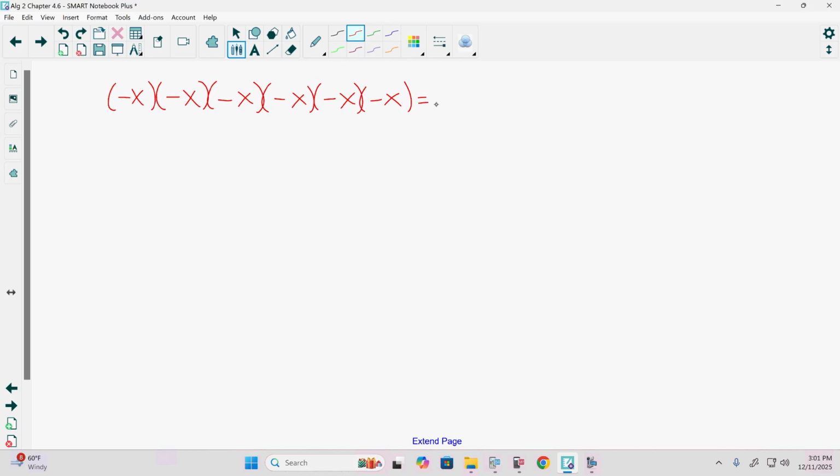Let's ignore the negative for now. Here I have x times x times x times x times x times x. We're still multiplying x by itself how many times? So is it still going to be x to the 6? Well, yes, because it's still saying we're multiplying it by itself 6 times. So that's not changing.